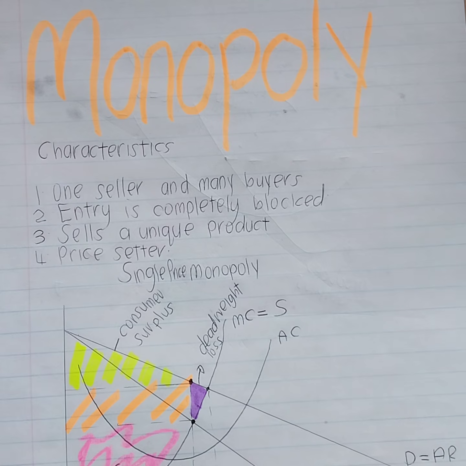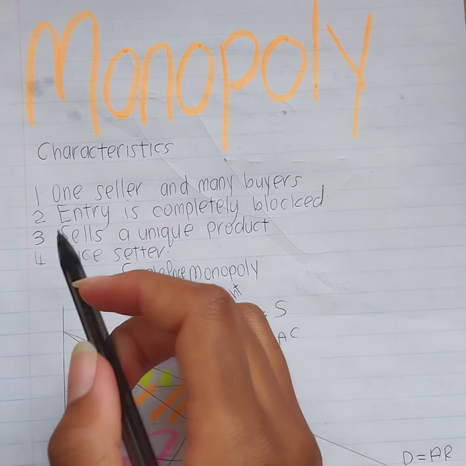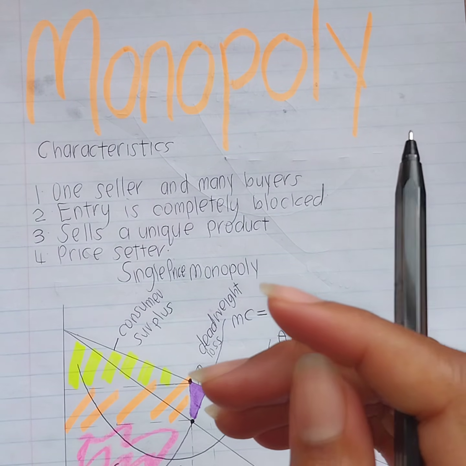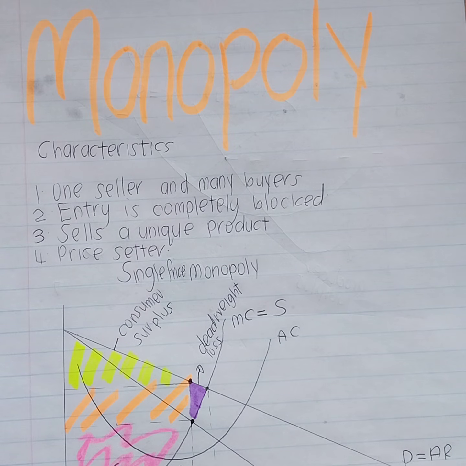So yeah, let us just talk about entry for a moment. In a monopoly, the entry is completely blocked, and it can be blocked by 2 factors, legal or natural, right? Barriers to entry. The natural barriers to entry are economic reasons, such as economies of scale, whereas the legal barriers to entry are things like copyrights, patents, and licenses, right?